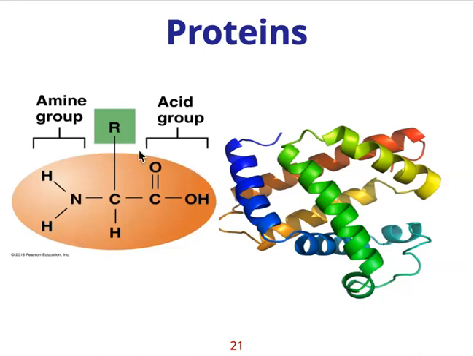The way they differ is in this R group. All amino acids have a carboxyl group and also an amine group. We're going to take a moment to watch a short video on how protein synthesis occurs.